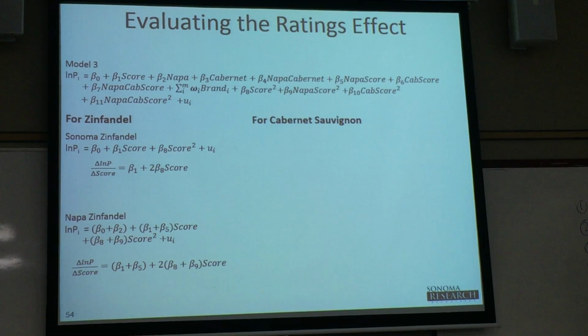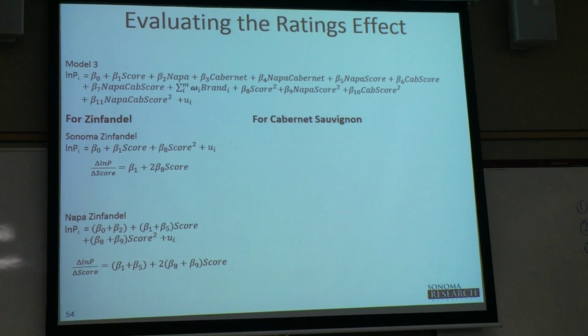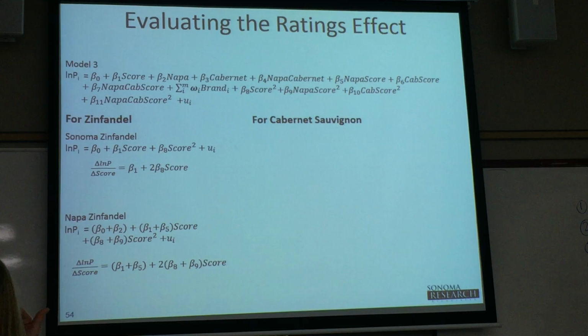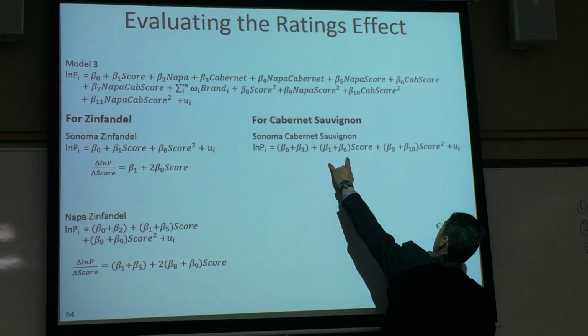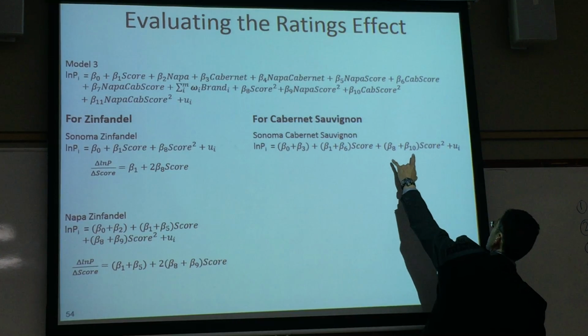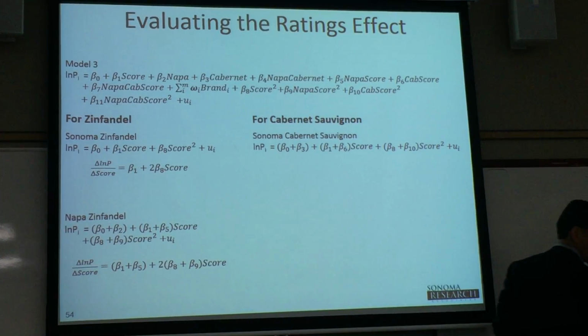Do we know what that means yet? Yeah, that's our rating effect. That's our slope at a point. For CAB, again, it's going to be the coefficient on score plus 2 times the coefficient on score squared times score.